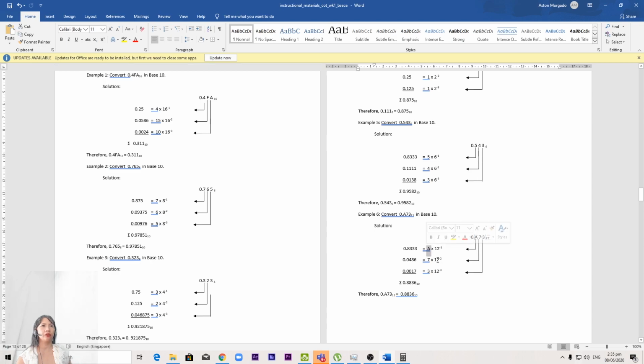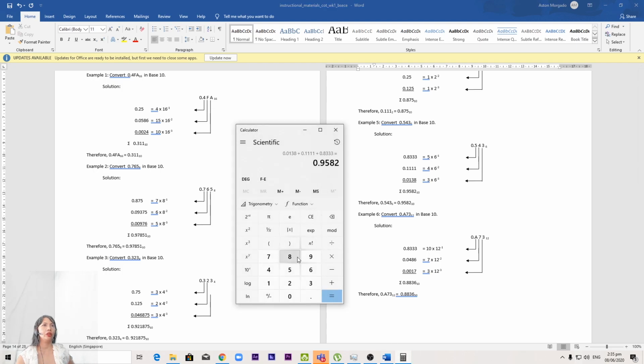You might get confused here. So our MSB is A. Its weight is 12 raised to negative 1. Then the 7, the next digit, is multiplied by 12 to the negative 2, and then 12 to the negative 3.